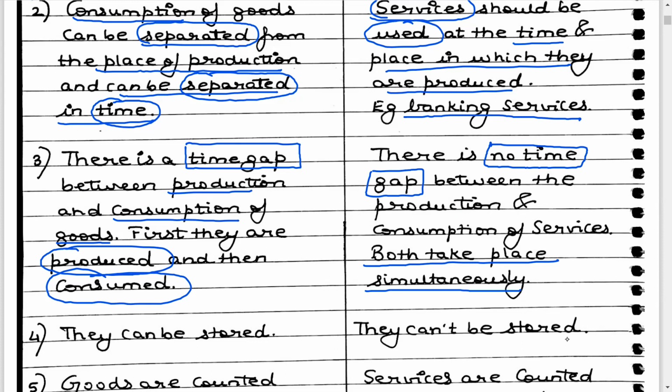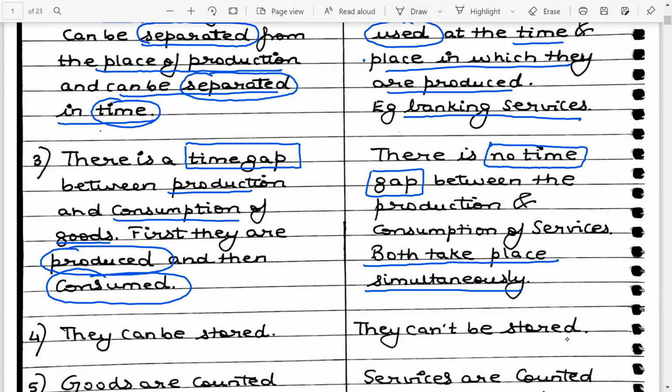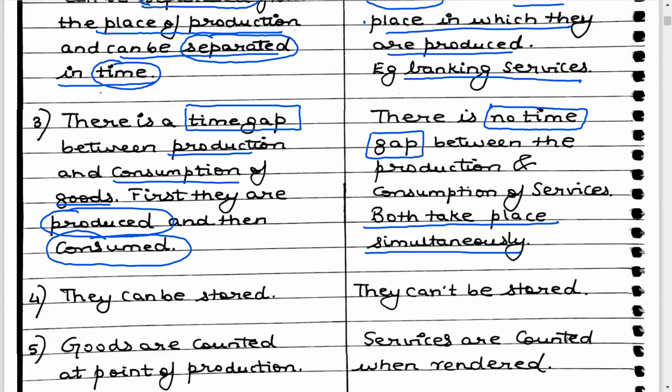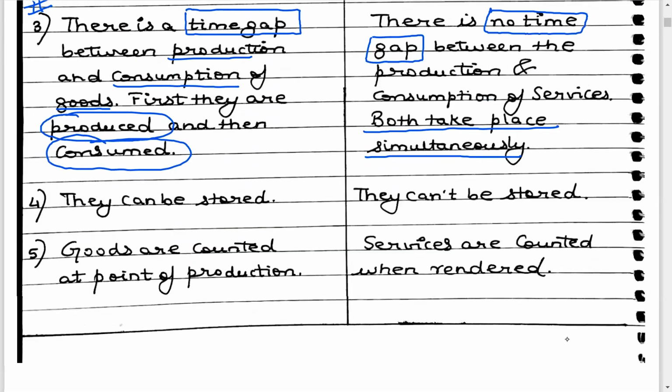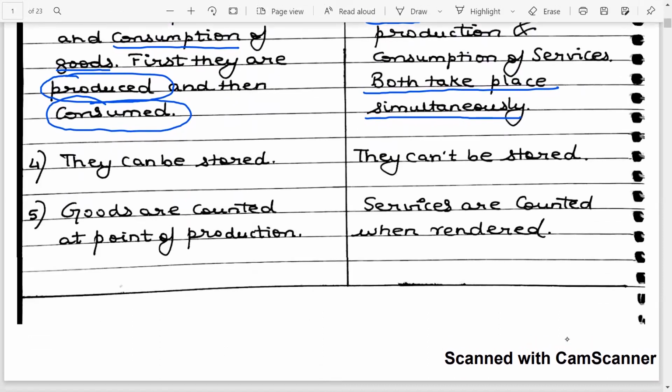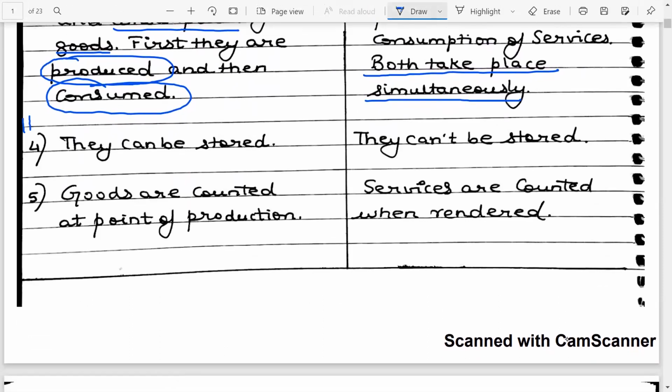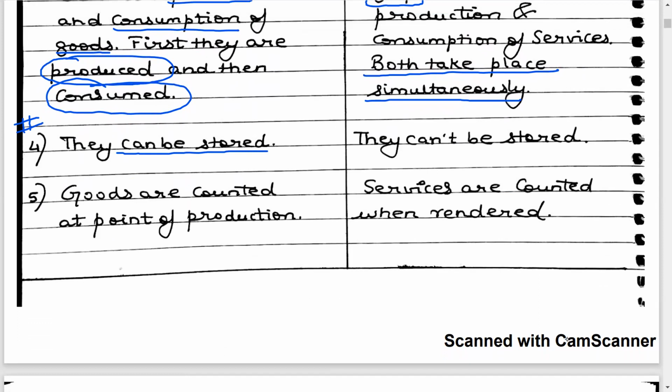Okay, then let's look at the fourth difference between goods and services. On your screen, we had just done the third difference. Let's look at the fourth difference. Goods can be stored. You can store goods in godowns, in refrigerators. And since you can store goods, you can consume them at a later date. Services, you cannot store them.